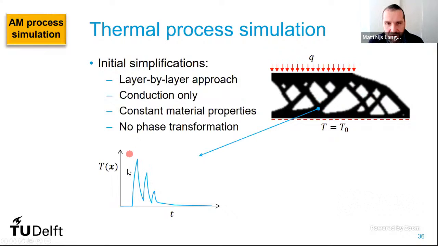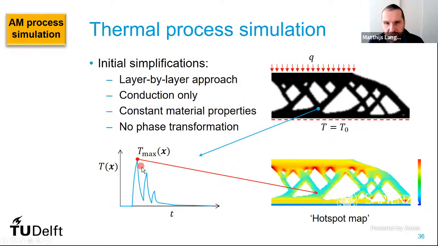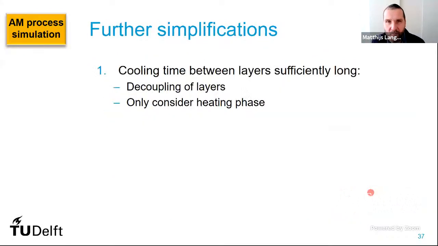And what we are interested in, particularly in order to prevent overheating, is this highest peak. By post-processing all this data from the simulation and taking these highest temperature values, we form the so-called hotspot map that indicates how hot a certain point has been in the fabrication history. Now that's what we want to obtain, but like I said, the computational cost is still too high.